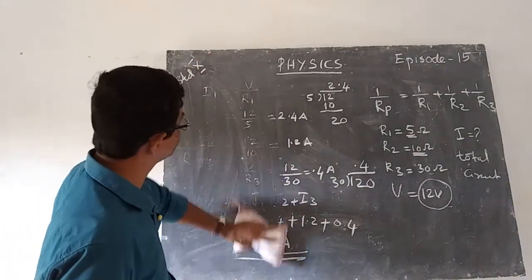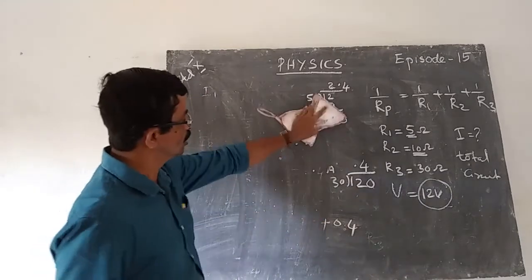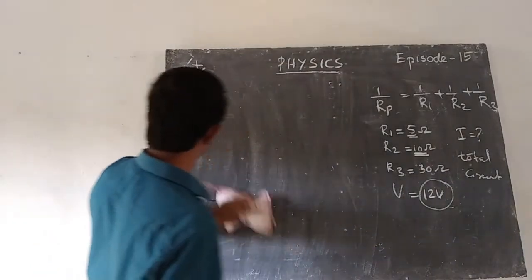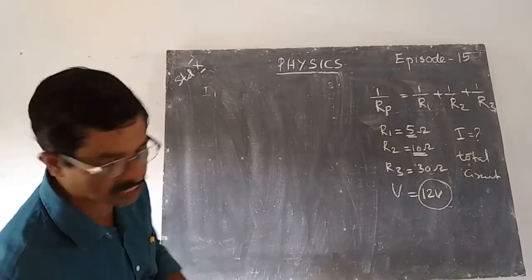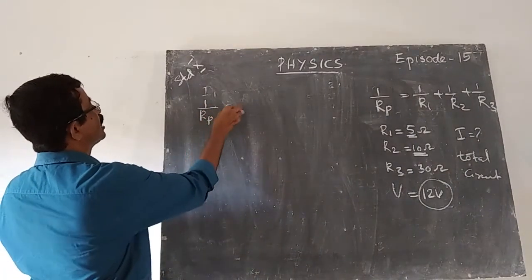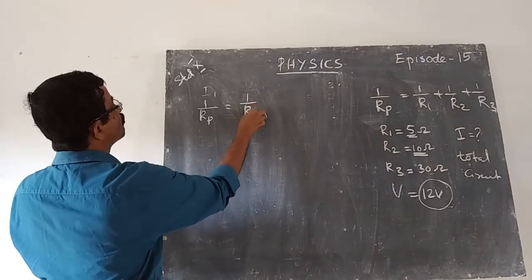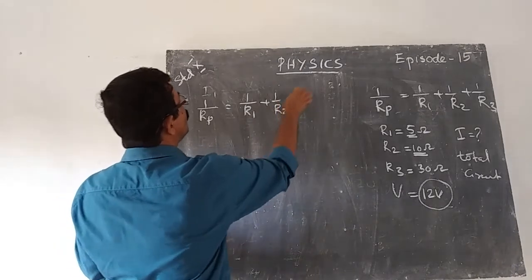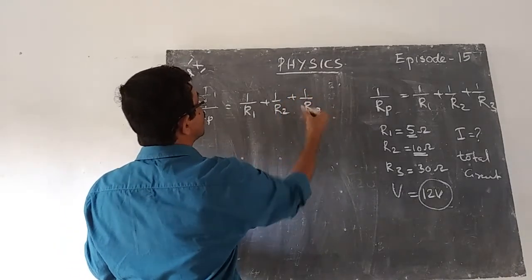See, the resistors are connected in parallel. Hence the effective resistance is given by 1 by Rp is equal to 1 by R1 plus 1 by R2 plus 1 by R3.